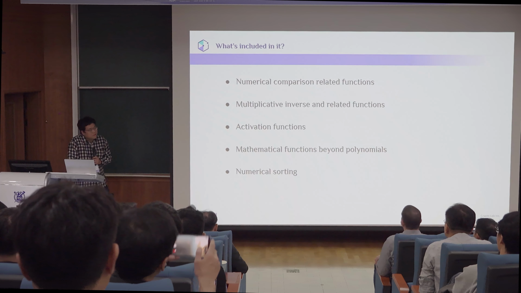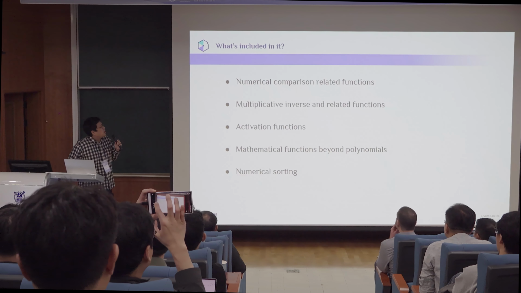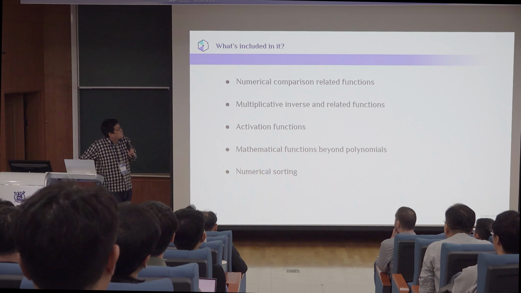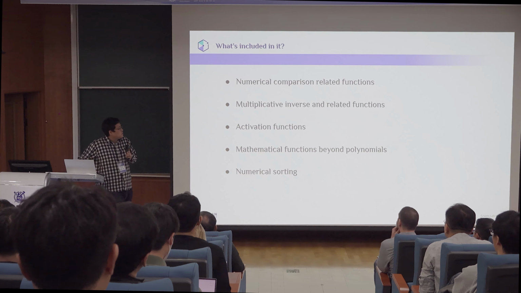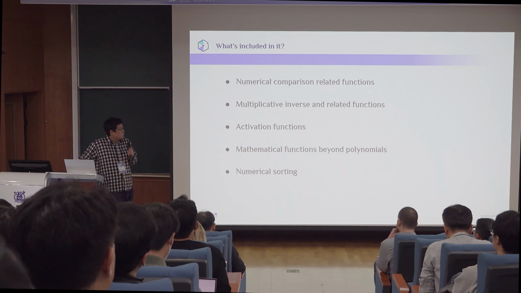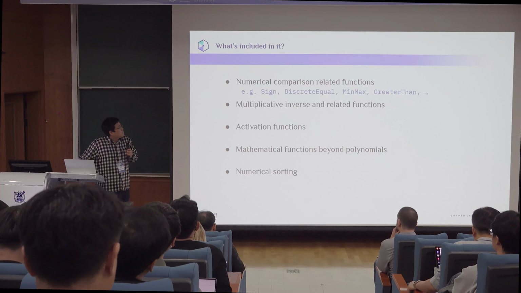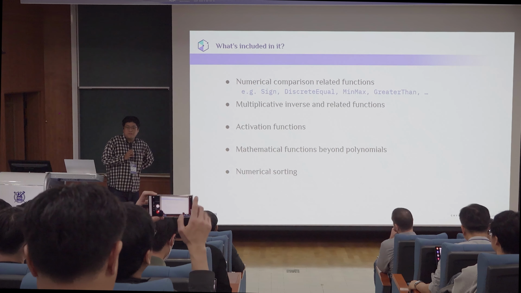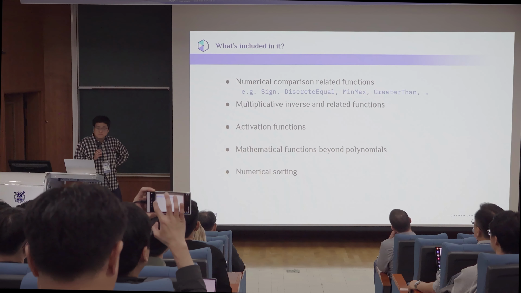I briefly list every function included in HEaaN.Math. We can divide them into 5 parts: numerical comparison, mathematical multiplicative inverses, activation functions, mathematical functions beyond polynomials, and numerical sorting. For comparison, there is the sign function, a mathematical function that gives +1 if the value is positive and -1 if it's negative.